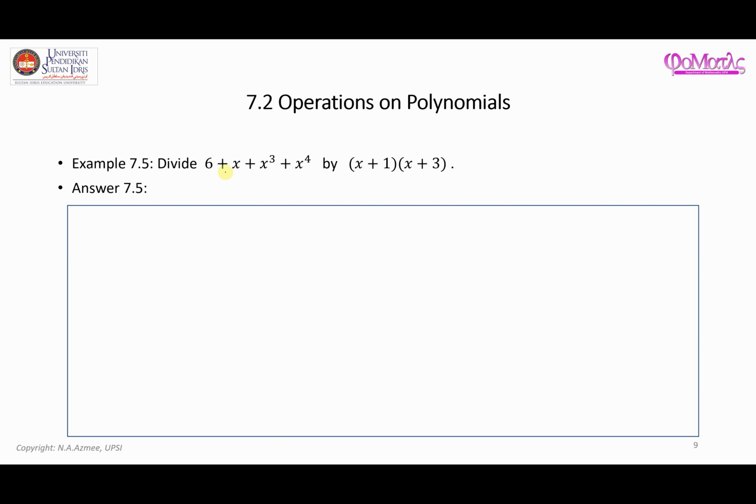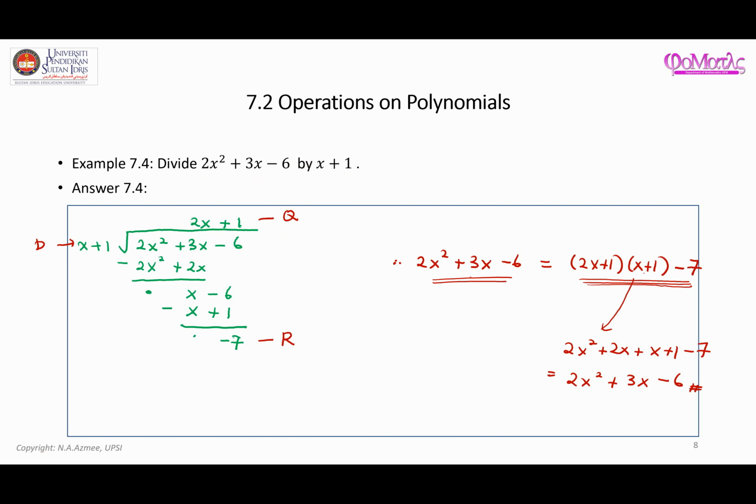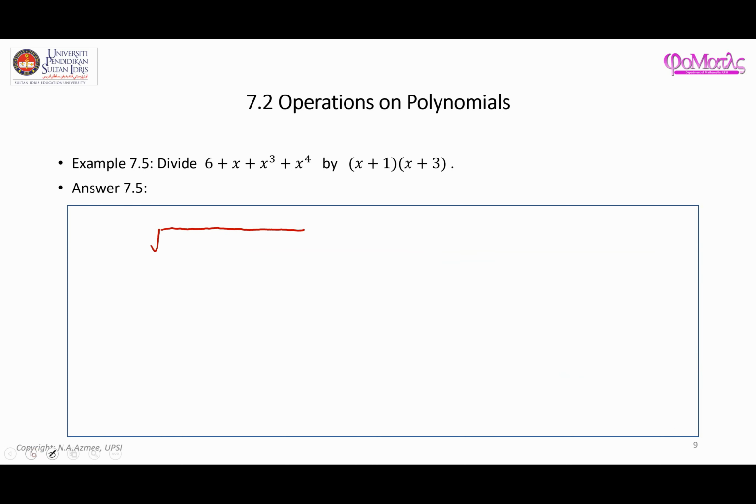divide this. Okay, 6 plus x cubed, x to the power 4 with this term here. So now when you want to divide this polynomial function, first of all, you need to rearrange the function in a proper order. So it starts off with the highest degree.